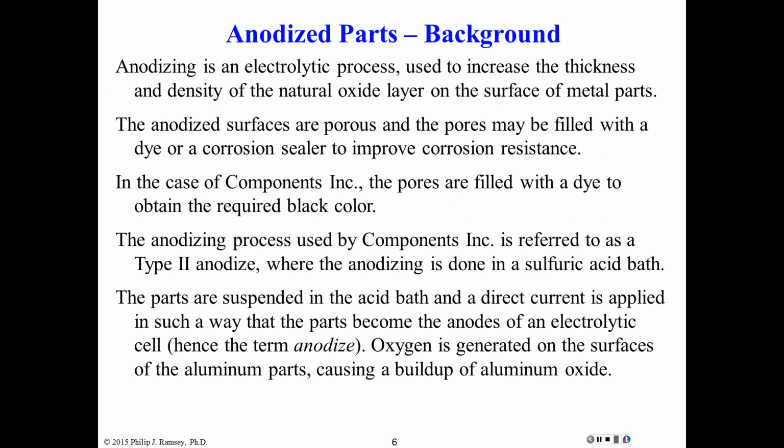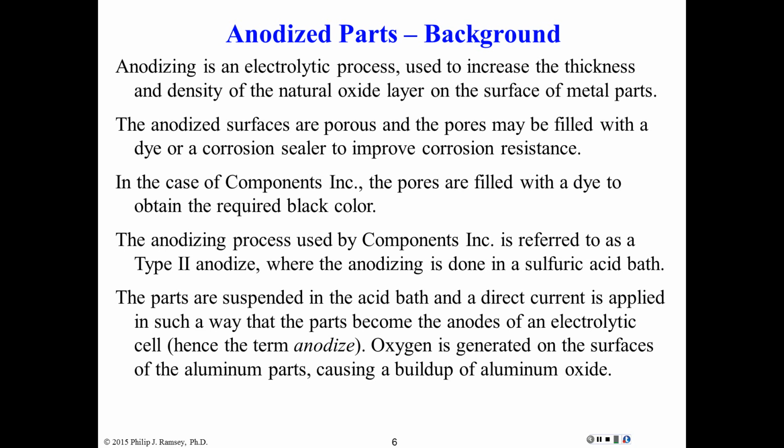Okay. And what they're doing, they take the aluminum parts, and aluminum, frankly, is quite susceptible to corrosion, especially oxidation. So there's a process called anodizing, which is a process in which the aluminum substrate is actually coated with an oxide layer, and that oxide layer provides protection against corrosion or oxidation of the underlying substrate.